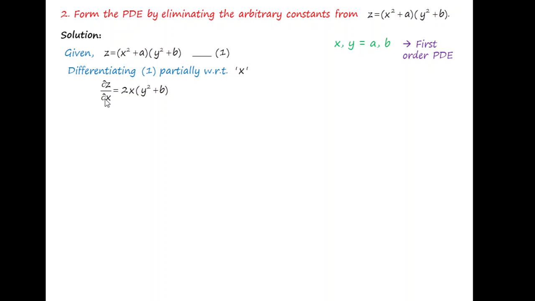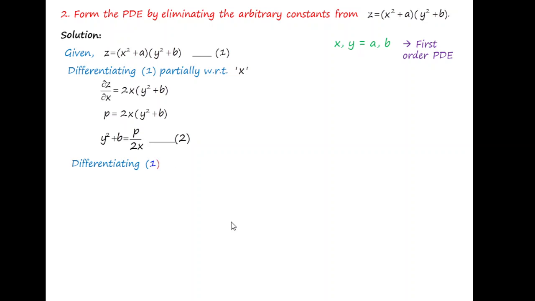So dou z by dou x is equal to 2x into y squared plus b. The standard notation for dou z by dou x is p, so p is equal to 2x into y squared plus b. Now take 2x to the other side to get the value of y squared plus b to substitute in 1. So y squared plus b is equal to p by 2x, numbered as equation 2.